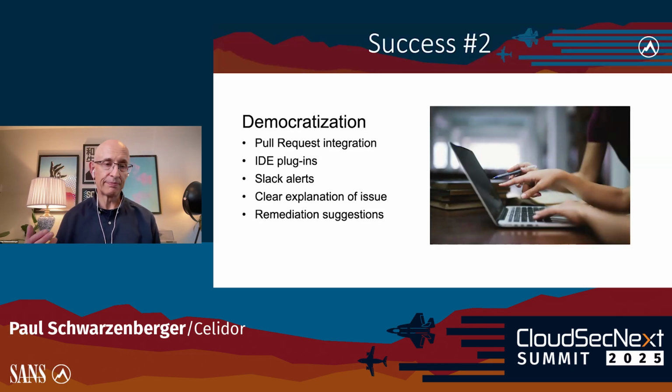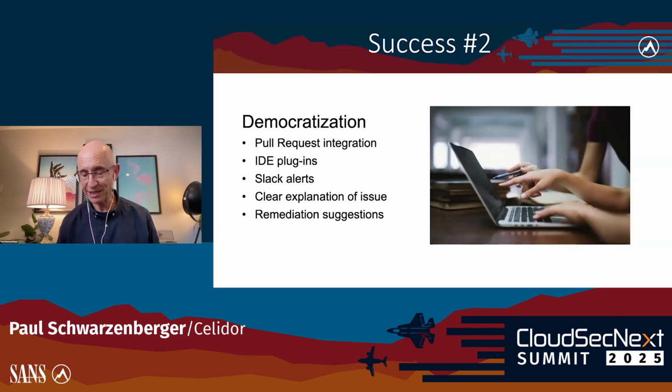IDE plugins to Visual Studio Code or IntelliJ, for example, because then when the developer or engineer is coding, immediately there comes up an alert while they're typing, or just after they've typed it. It comes up with an alert to say, well, actually, that's an insecure way of configuring this infrastructure as code or writing this function. So it's very easy to change at that point and very low cost.